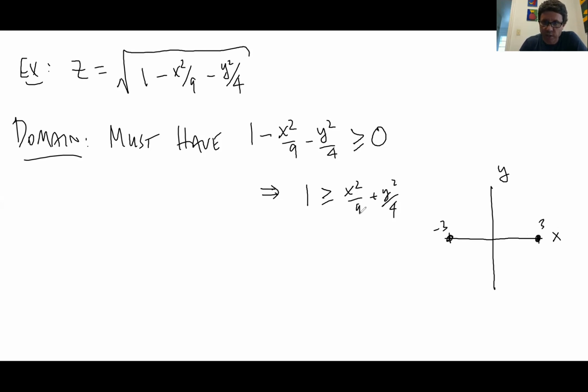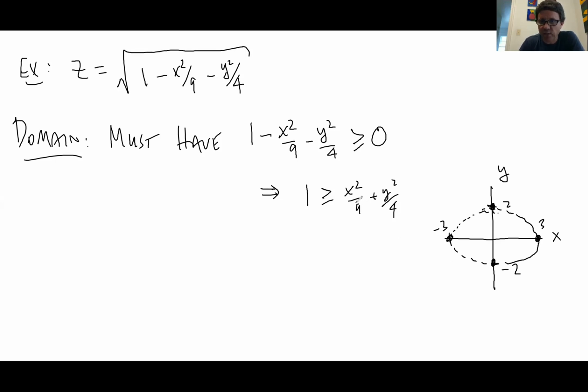And that's when y is 0. Now, when x is 0, then the largest y could be is 2, because if you square that, you get 4 over 4, and you're right on 1. So 2, and in fact, minus 2, because everything is squared. So the largest values going up and down are negative 2 and 2, 3 and minus 3 on the side. And hopefully your eye is like, okay, I've seen this before. That actually looks like the equation of an ellipse.